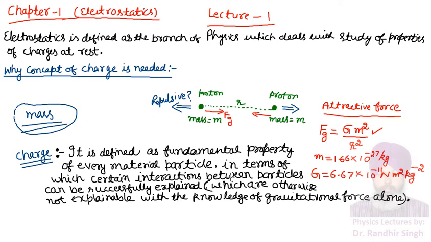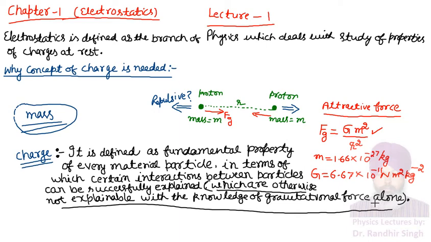I have also written here that these properties are otherwise unexplainable with the knowledge of gravitational force alone, because you can see here in this example, with the knowledge of gravitational force we cannot answer the question why two protons repel each other. However, if we introduce the concept of charge in the physics world, then we can very easily give the answer to this question.